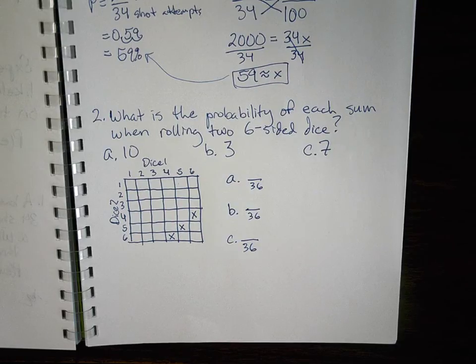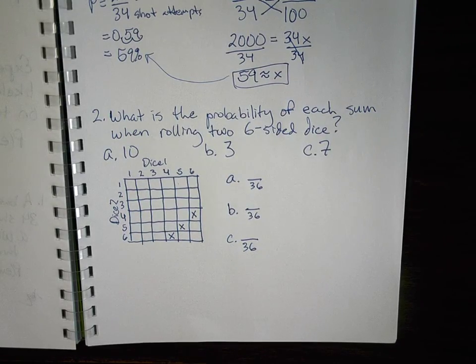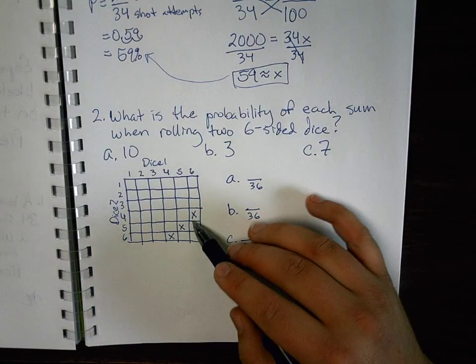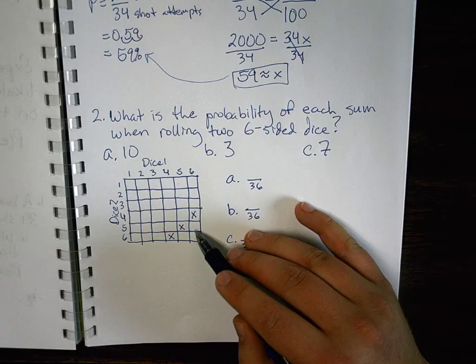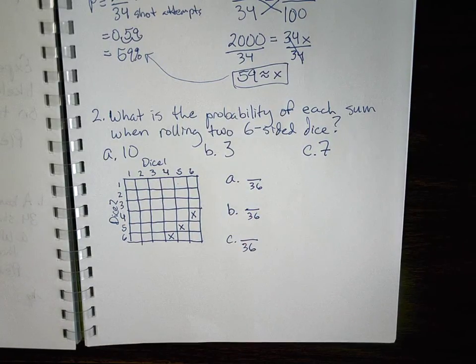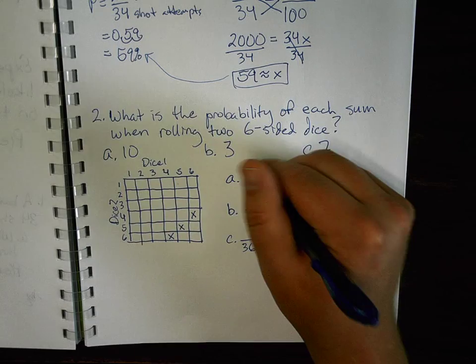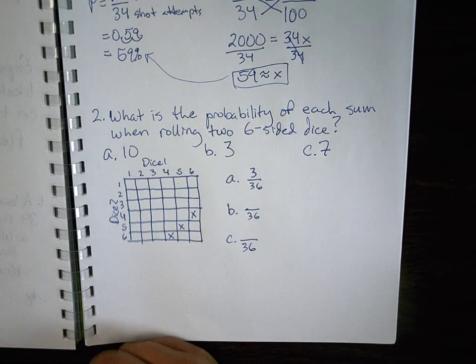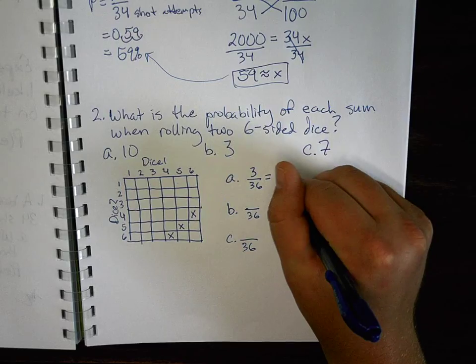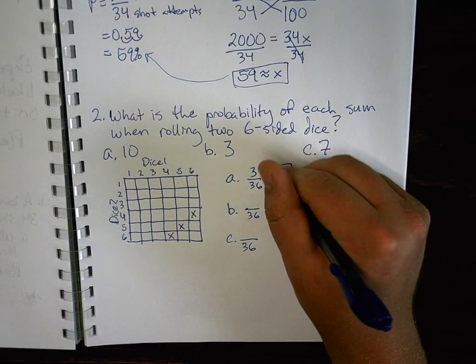So you could switch those. So ultimately, the probability of rolling a 10 is going to be 3 out of this 36, right? 3 check marks, 3 little X's, 3 boxes out of the total 36, which are all possible outcomes. So we'll have 3 over 36, and we can reduce that to 1 over 12. So there's the probability of rolling a sum of 10.